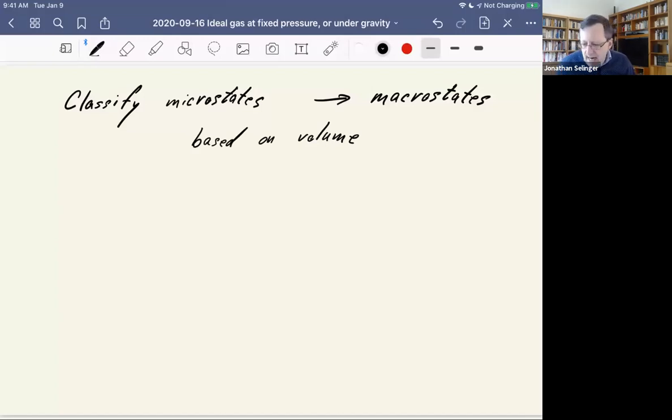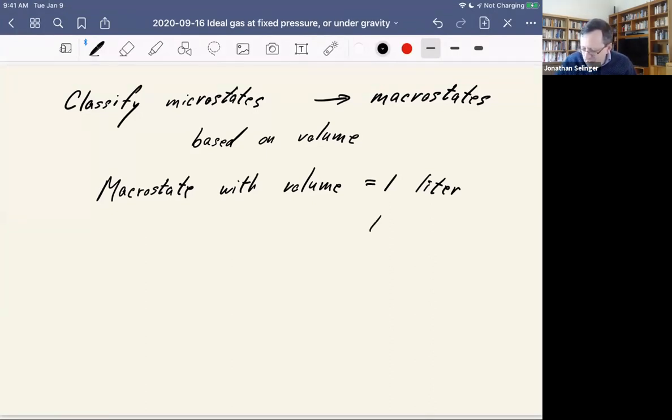Okay. And so then I can say, there's a macrostate with a volume equals 1 liter. And then there's another macrostate with a volume of 1.13 liters, and so forth, for all the possible volumes of the system.